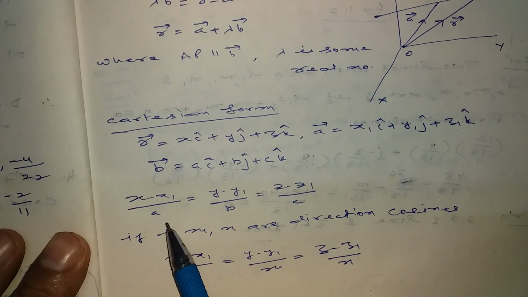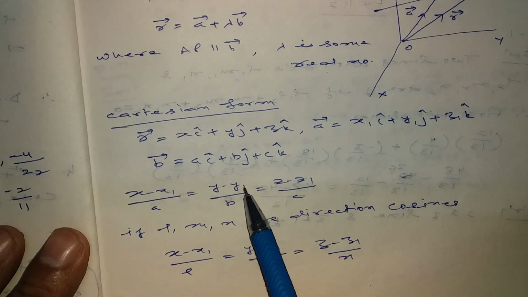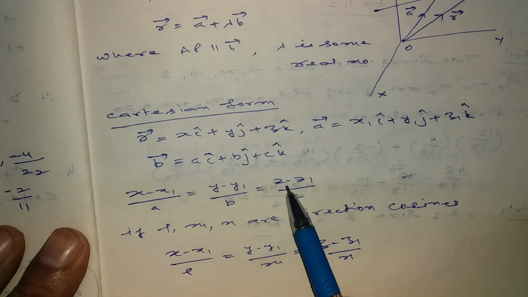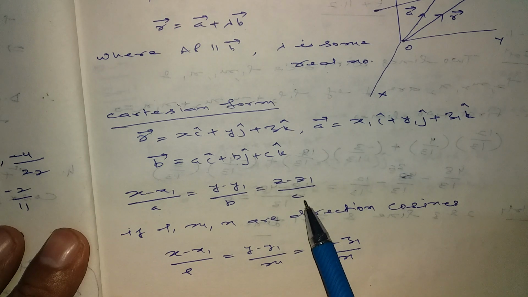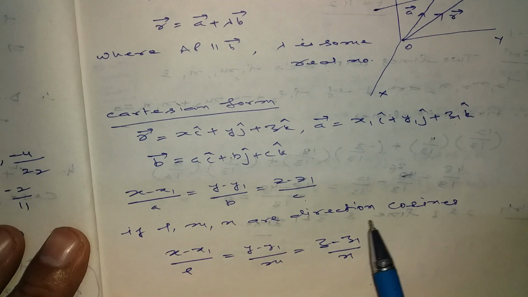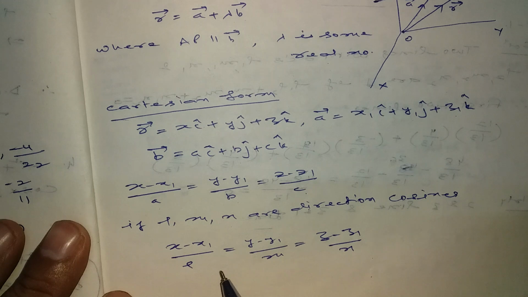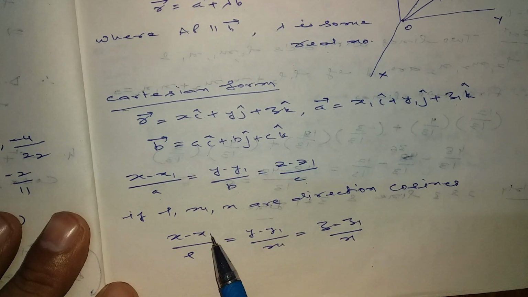So the Cartesian form of the line will be (x minus x1)/a = (y minus y1)/b = (z minus z1)/c. Further, if l, m and n are direction cosines, then this a, b, c will be replaced by l, m and n. So it will be (x minus x1)/l = (y minus y1)/m = (z minus z1)/n.